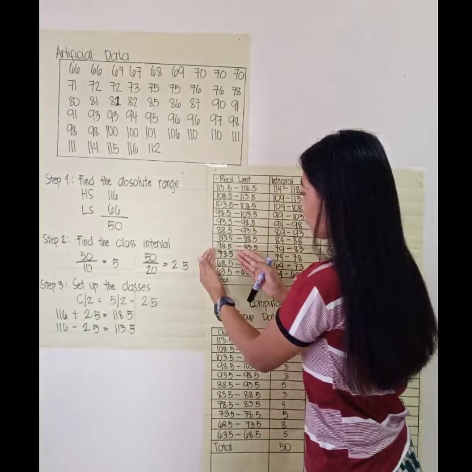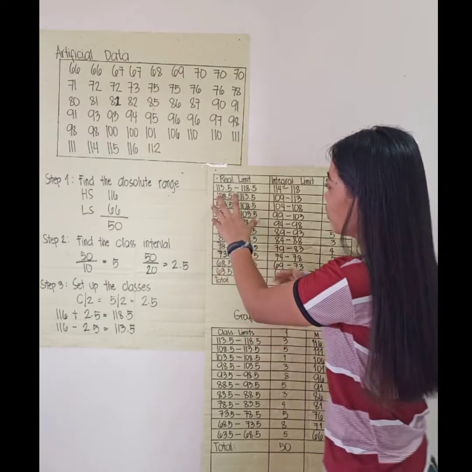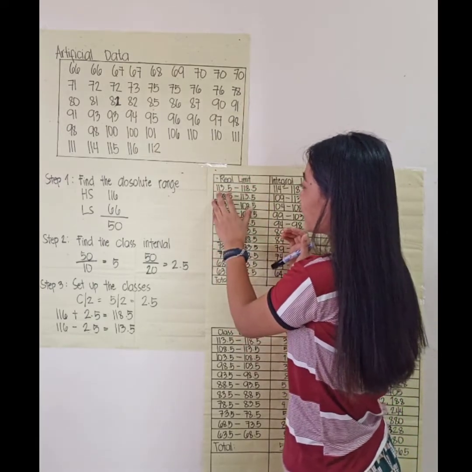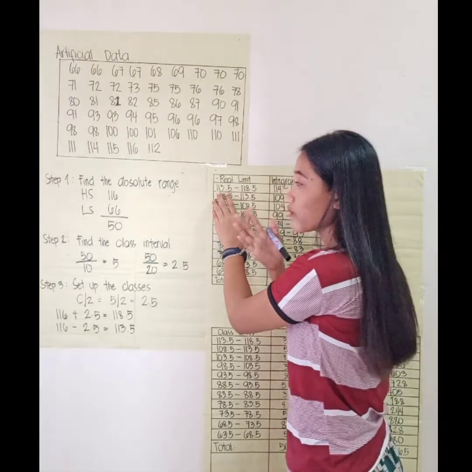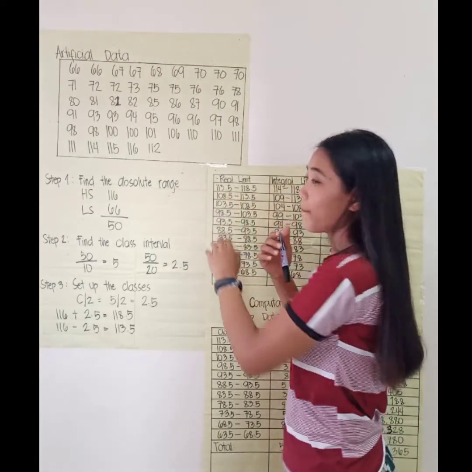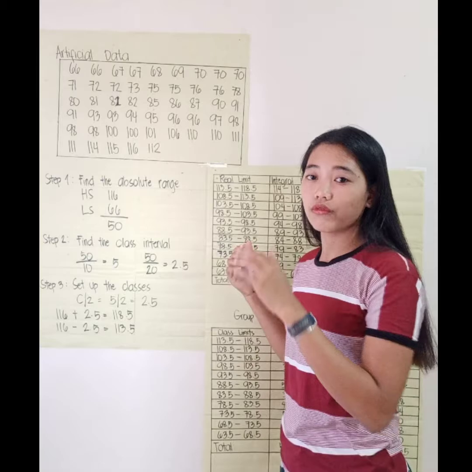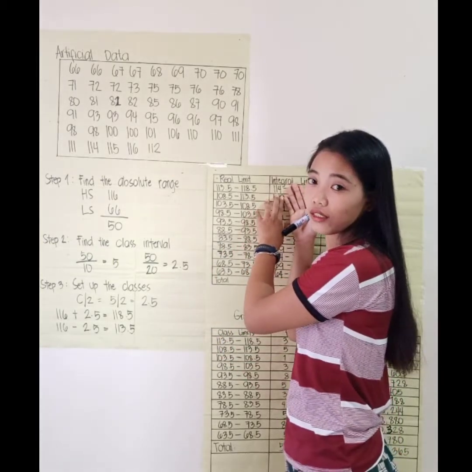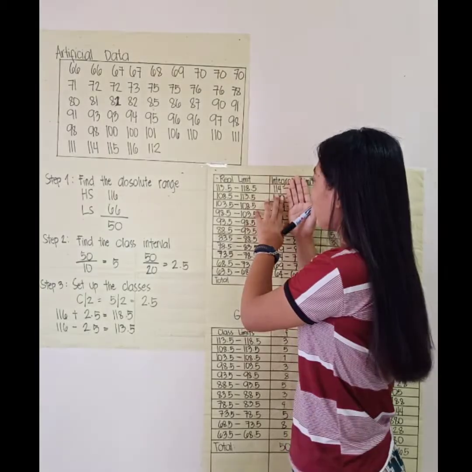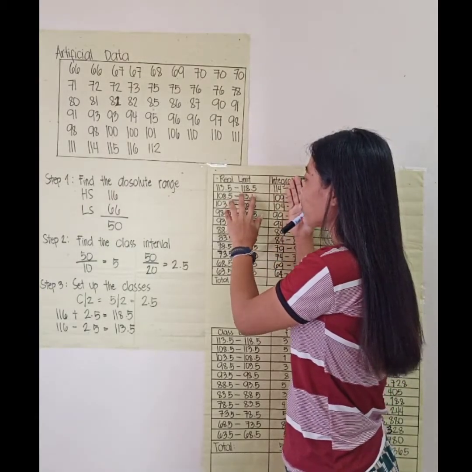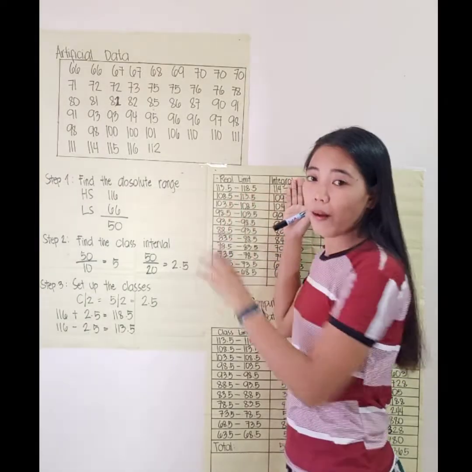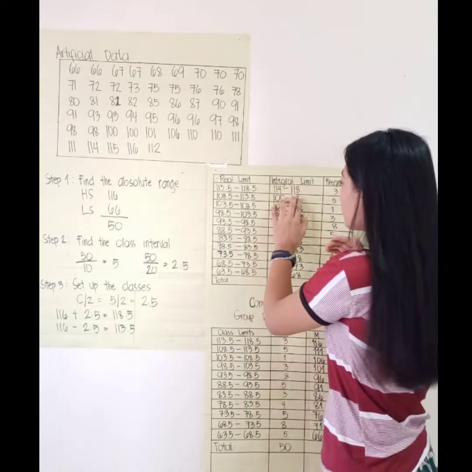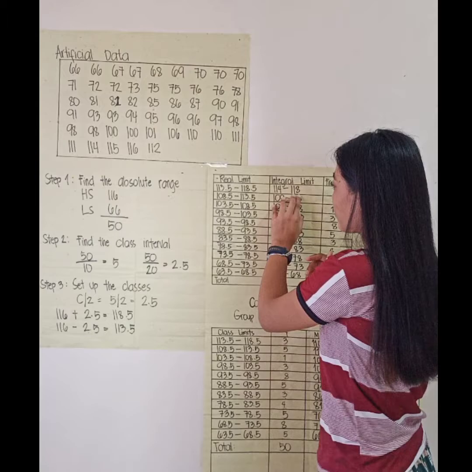Let's solve for it first. 113.5 plus 0.5, the result is 114. Next, 118.5 minus 0.5, the result is 118.